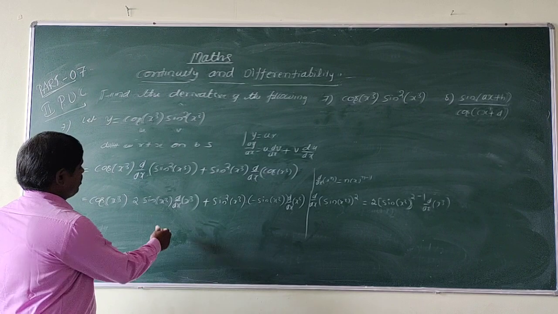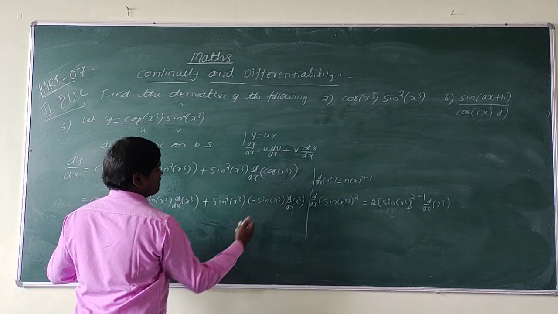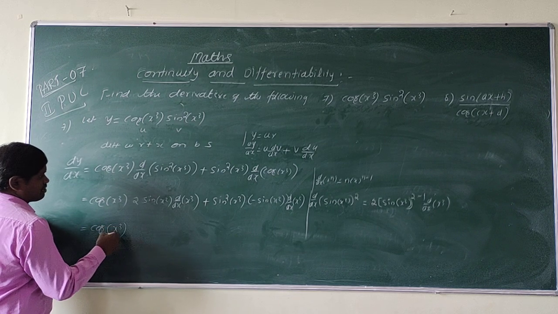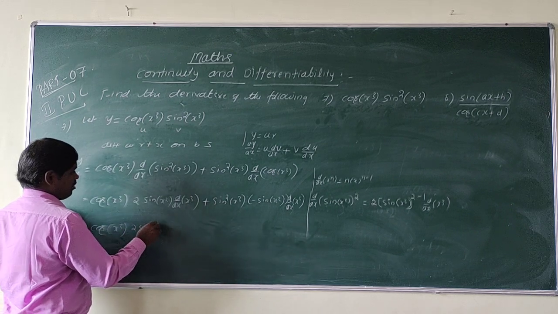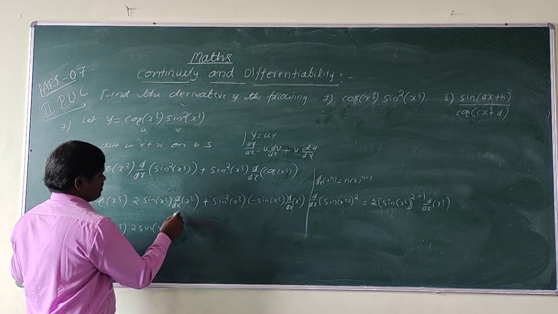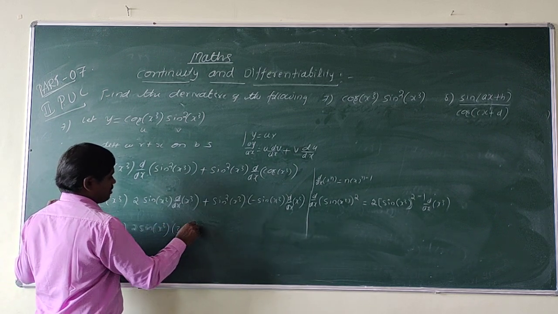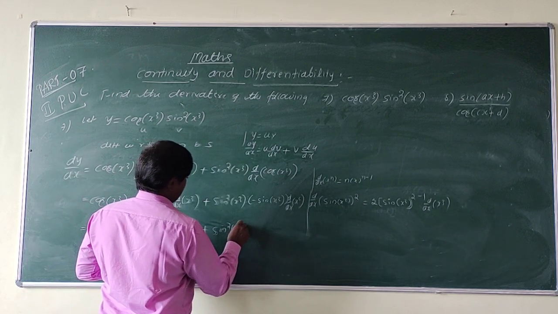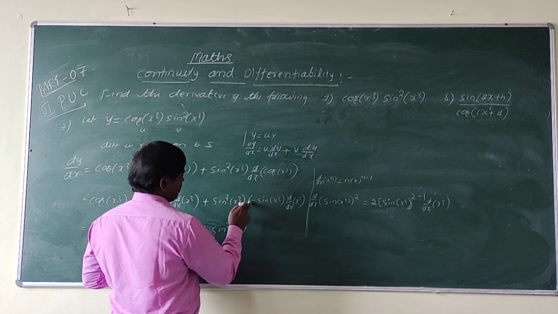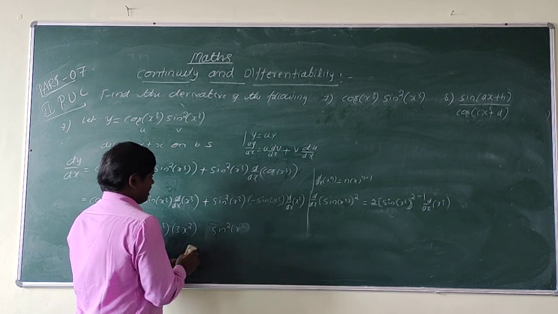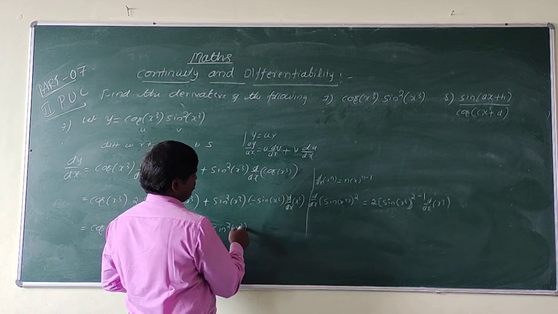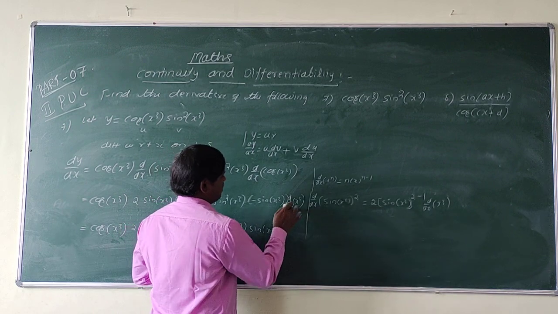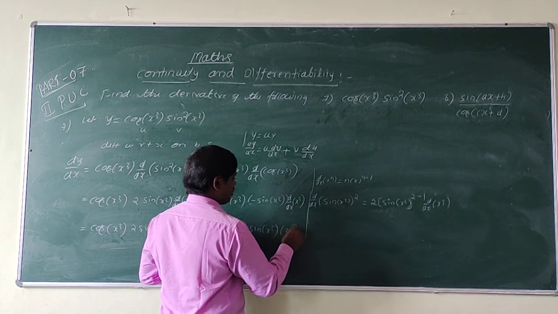Now we are going to differentiate x cube here and x cube here. That is cos of x cube into sine of x cube into differentiation of this, which is 3x square, plus sine square x cube, taking the minus into here, so minus of sine square x cube into sine x cube into differentiation of this one, 3x square.